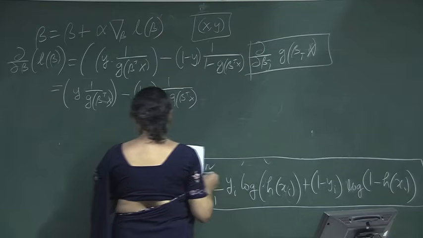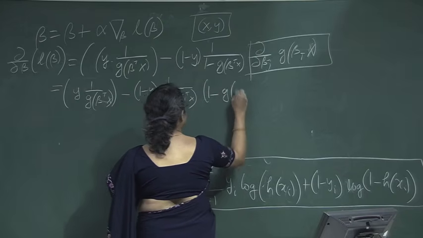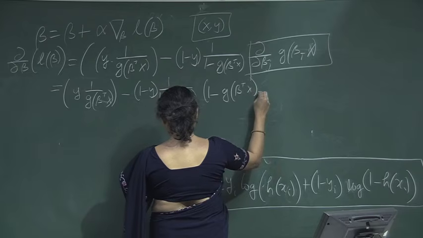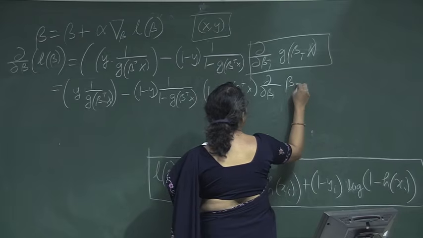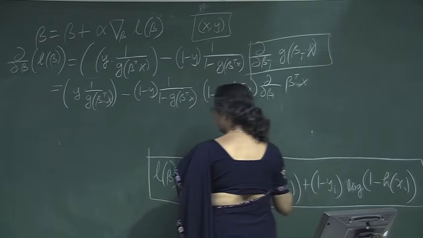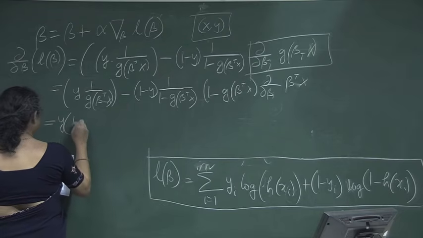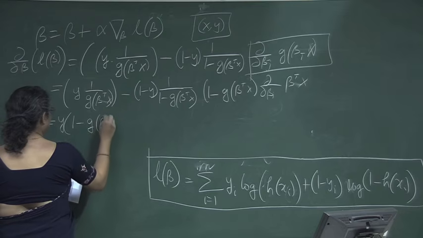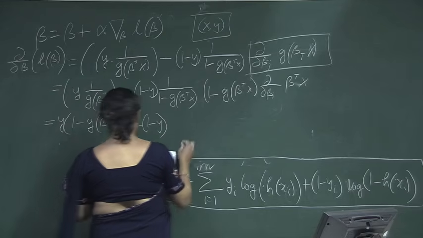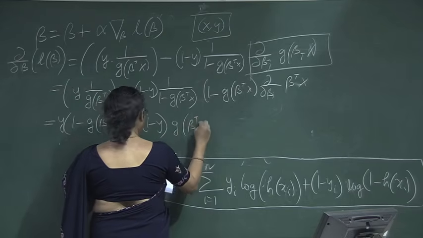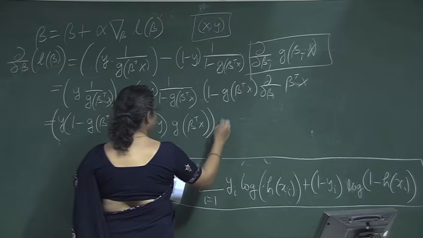y times 1 by g(beta transpose x), minus (1 minus y) times 1 by (1 minus g(beta transpose x)), times, expanding this part, g(beta transpose x) times (1 minus g(beta transpose x)) times the partial derivative with respect to beta j of beta transpose x. From which we get (y times (1 minus g(beta transpose x)) minus (1 minus y) times g(beta transpose x)) times x_j.